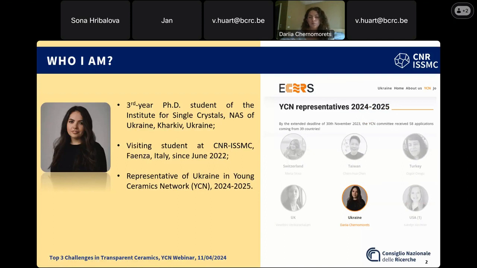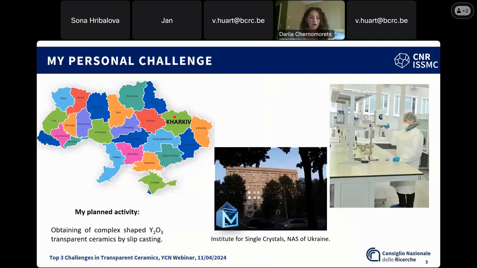Why is it important? We will have not only a uniform microstructure of green bodies, but also the sample can keep its shape in this case.